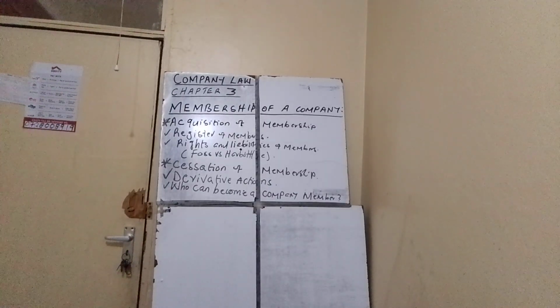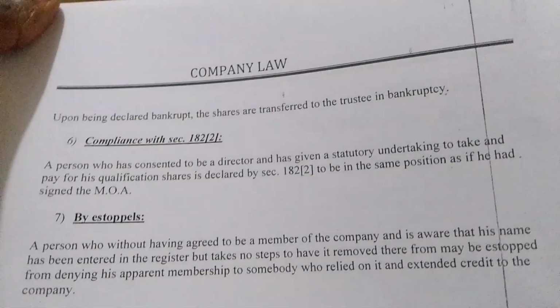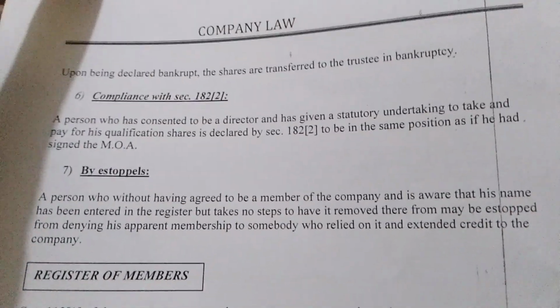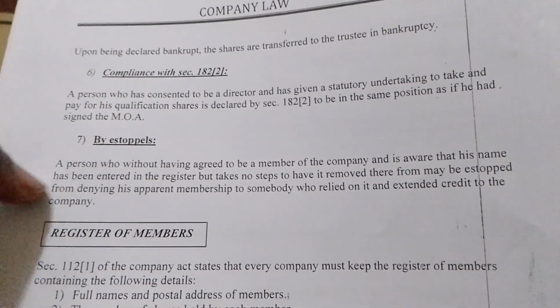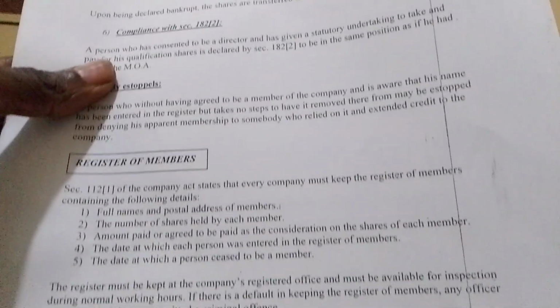Then we have compliance with section 182 subsection 2 and by estoppel. So those are ways of acquiring membership.